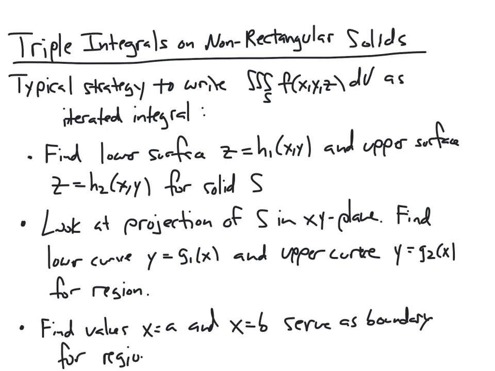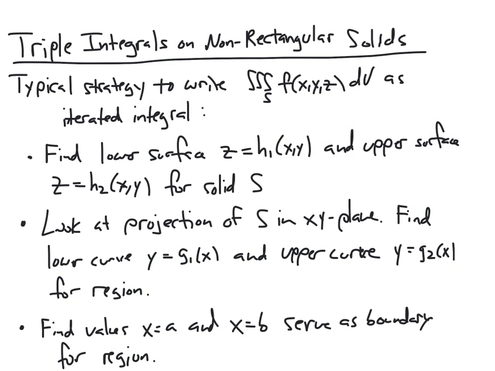So in short, this strategy says find bounds on z, then find bounds on y, and then find bounds on x. And most of the time, this strategy works really nicely. However, depending on what this solid S actually is, it might be necessary to find bounds on y first. That would involve x and z, and then find values of z that involve just x, and then find the values of x, the boundary in that direction.